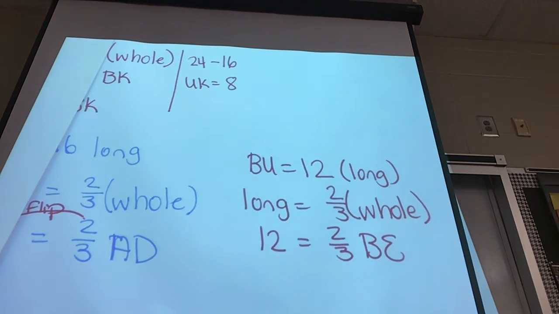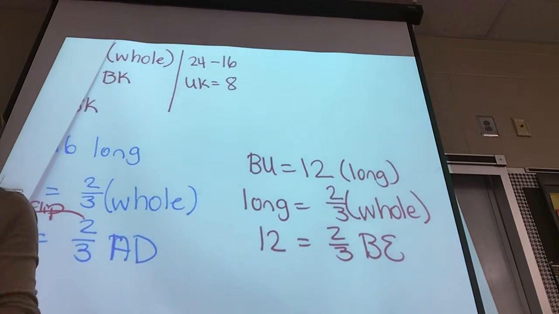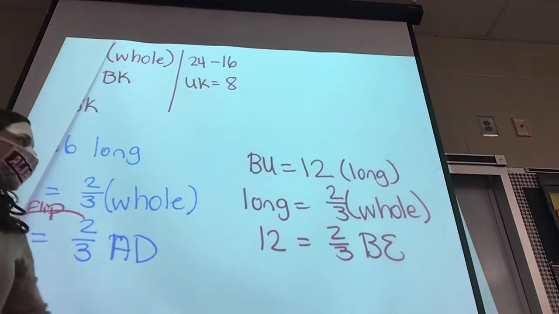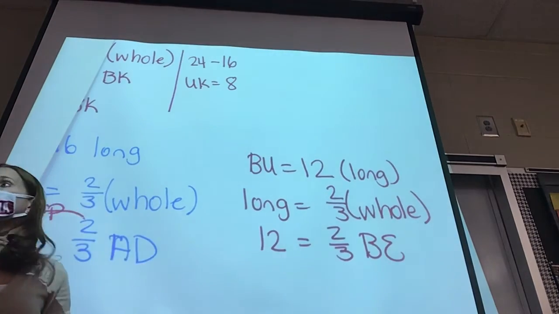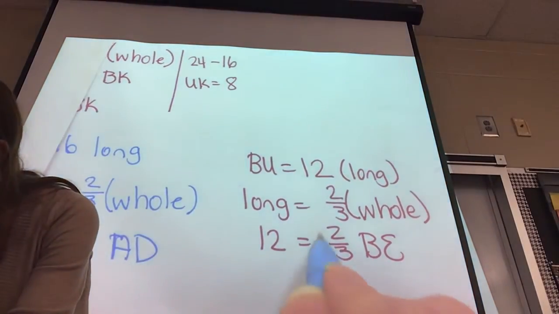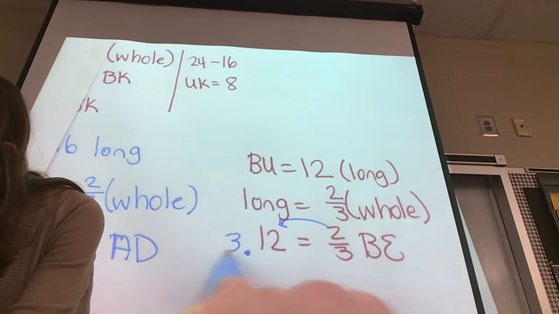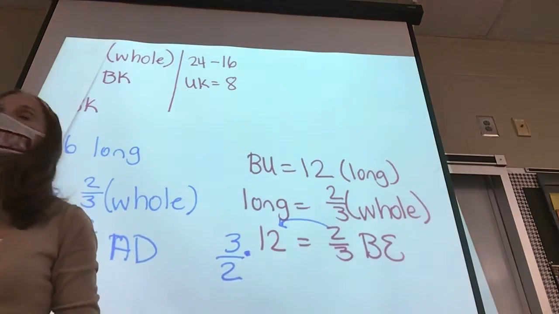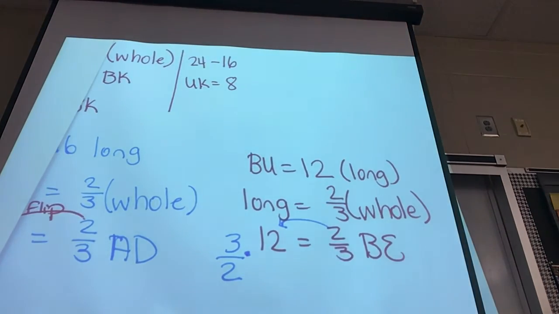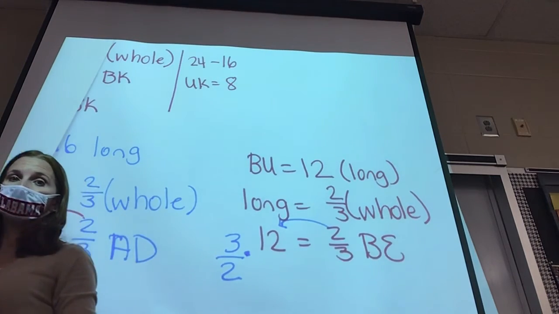So now we've already done this for the 3rd time. How do I get rid of this if they're on opposite sides? Flip it and move it to the other side. So now it's going to be 12 times 3/2.